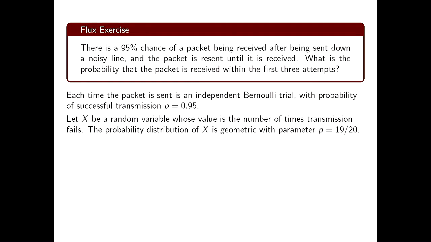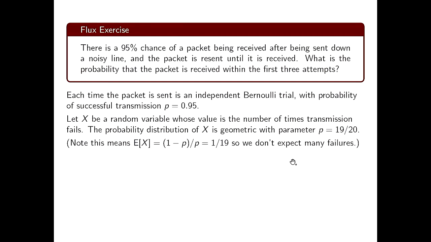And then we've got a geometric distribution whose parameter is 0.95 or 19 on 20. And this isn't part of the solution really, but our expected value is 1 on 19, so we're not expecting many failures here. We should be very likely to do this.